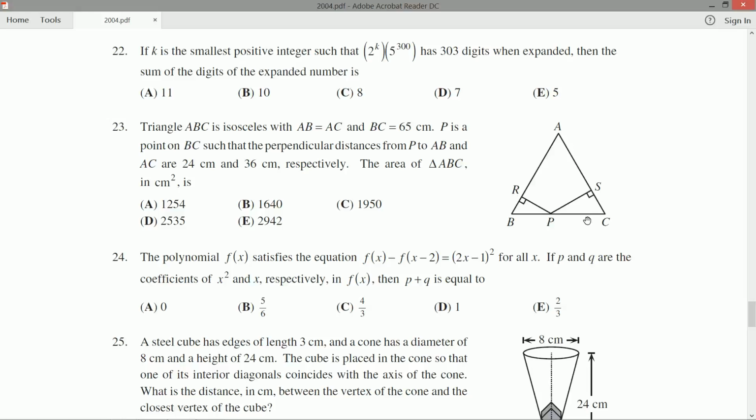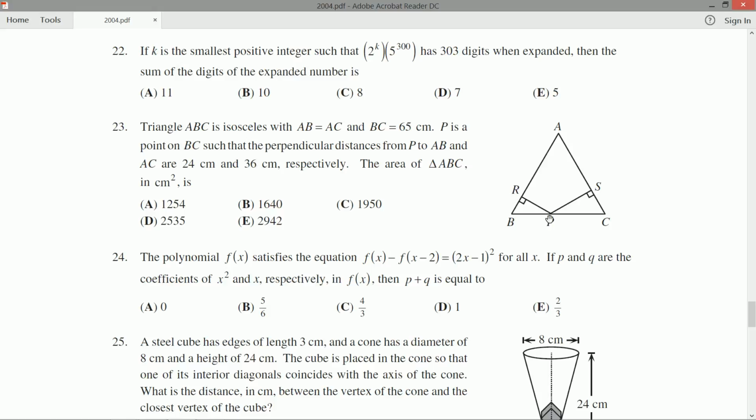Who knows? P is a point on BC such that the perpendicular distance from P to AB, so that would be to R, and AC are 24 centimeters and 36 centimeters respectively.